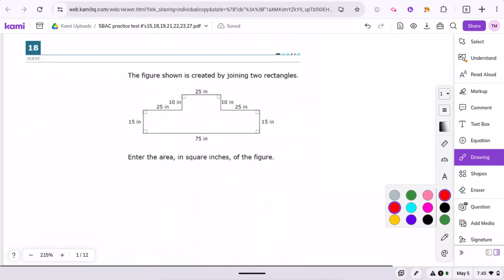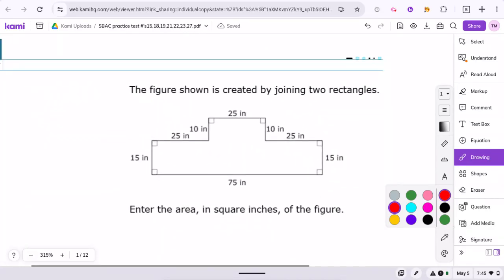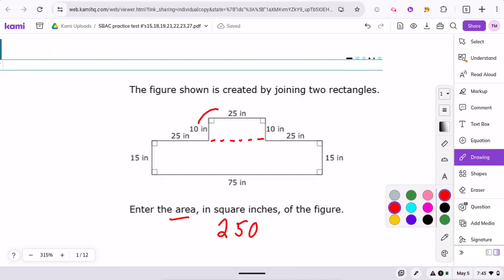Okay, next, number 18. This is similar to a question you did before. So it's asking you to enter the area in square inches. So once again, I would do kind of an imaginary line here, and I'd break it down to 25 times 10. So 25 times 10 would be 250 for this area here.